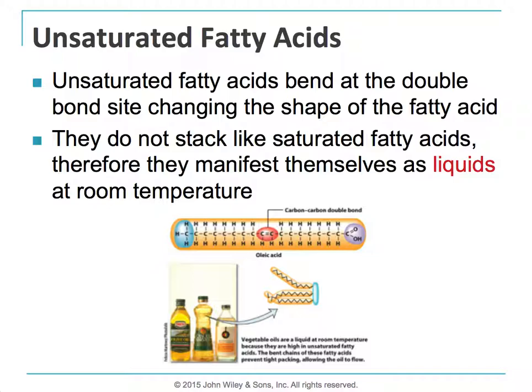Unsaturated fatty acids bend at the double bond site, which we just chatted about, and that changes the shape of the fatty acids. This means that they are not able to stack like saturated fatty acids, therefore, they manifest themselves as liquids at room temperature.